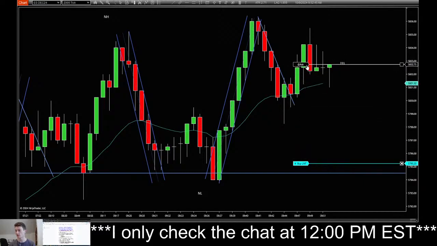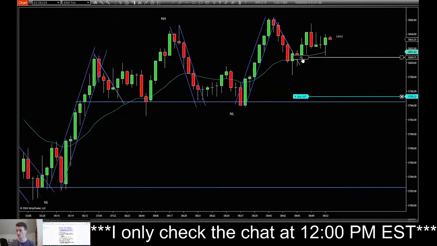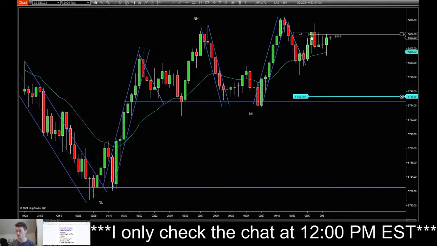Okay, looks like we might get a good signal bar here, for it to be nice and bullish. Okay, I think that's a good enough signal bar. So if it does break higher there, I'm going to go with it.